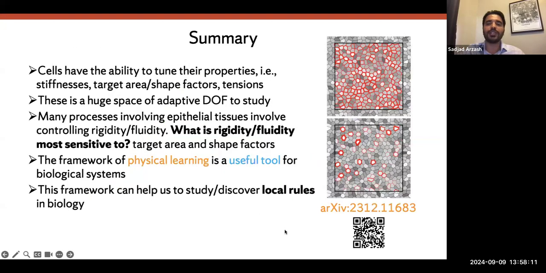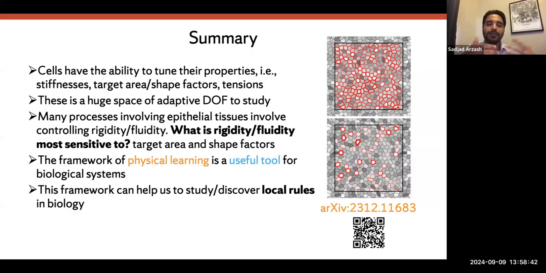So with that, I'm just going to summarize what I talked about. These cells have the ability to tune their properties, shape factors, tensions, all these properties, microscopically. This huge space of adaptive degrees of freedom is really a rich space to study. We can tune these properties, define the cost function, and look for local rules.